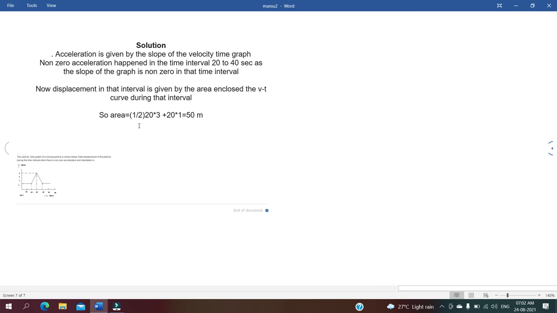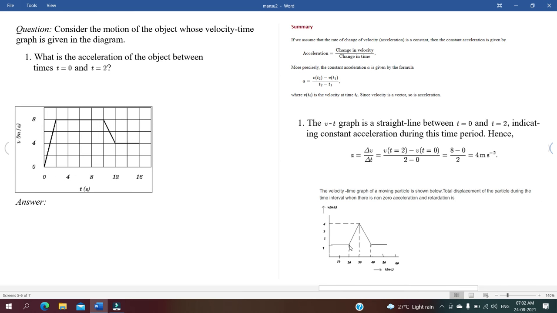So area comes out to be half into, these are two parallel sides, its magnitude is 1, its magnitude is 4, so half into 4 plus 1, which is 5.